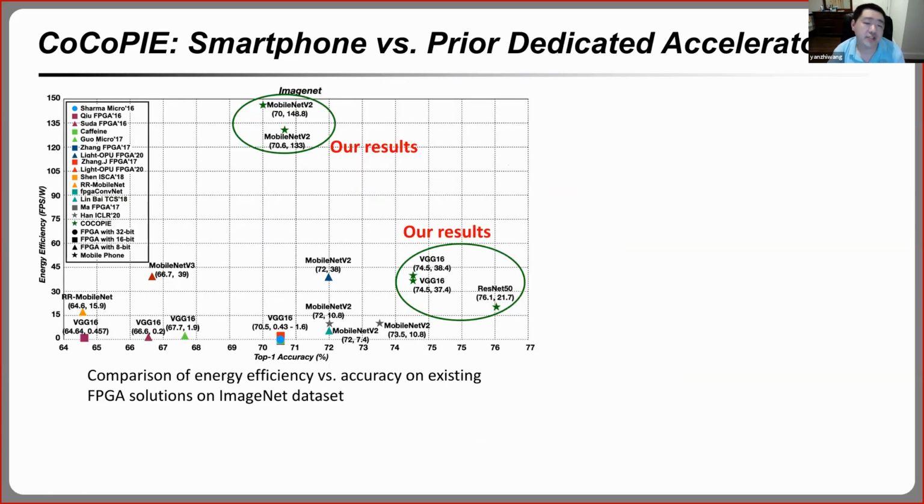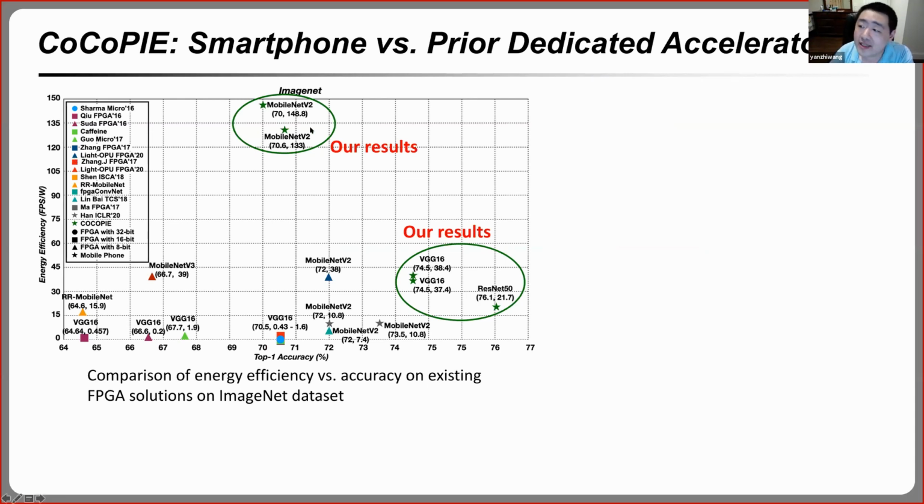We see these results on the ImageNet dataset versus all the prior dedicated FPGA solutions we have found so far. All of these solutions are shown here, where the x-axis is the top-1 accuracy and the y-axis is the energy efficiency.